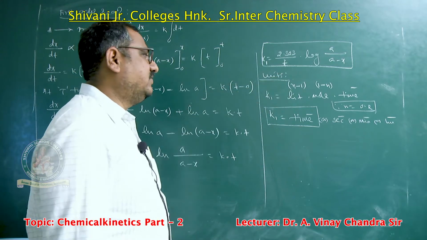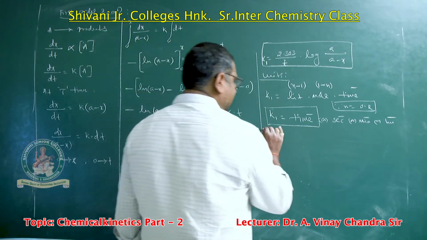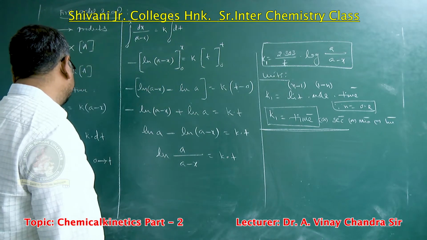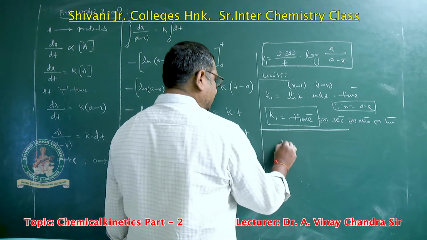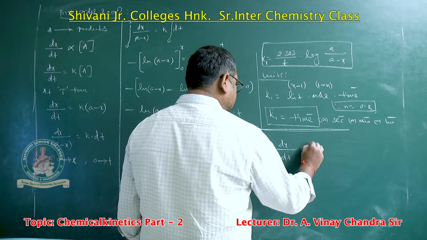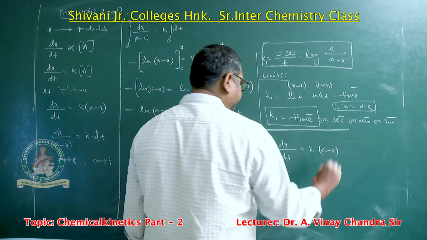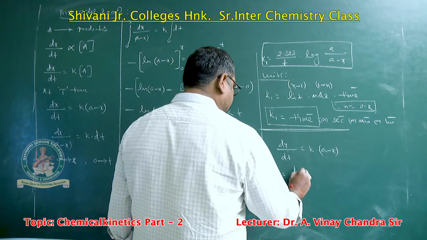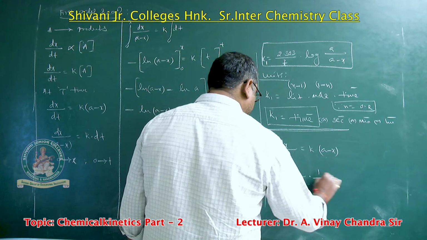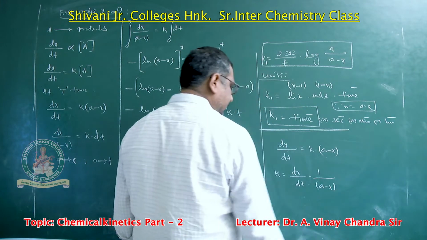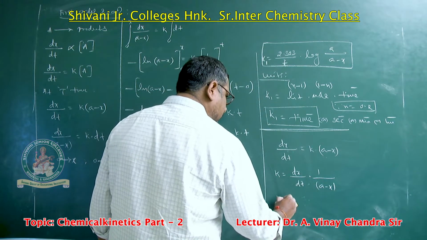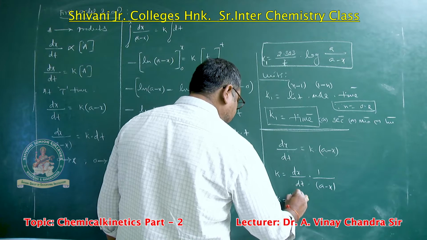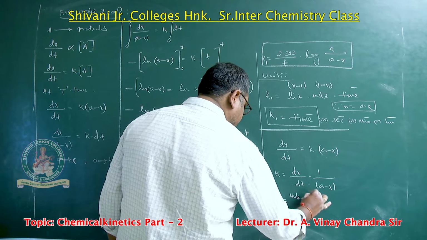What about the other method, the generalized equation method, for calculating the units for a 0 order reaction? dx by dt is equal to k into (a minus x), so k is equal to dx by dt into 1 by (a minus x). Here x belongs to concentration, and the concentration unit is mole liter inverse.